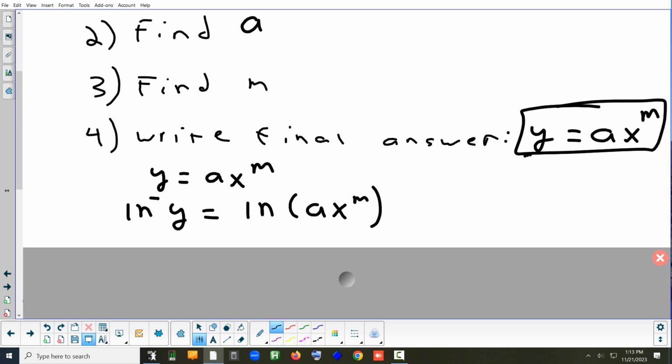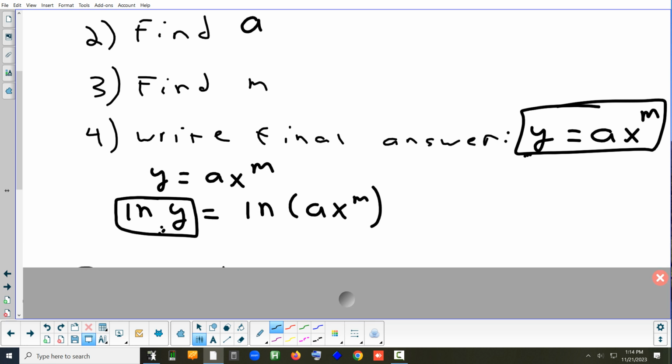Now, is there anything I can do to simplify ln y? Is there anything I can break that down to more? What do you think, Alex? I don't think so. That's just ln y.